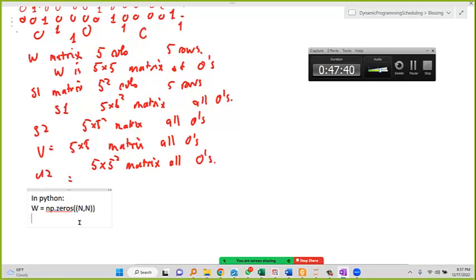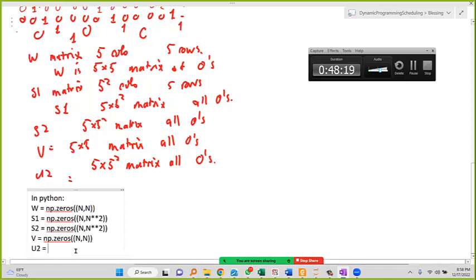S1 equals np.zeros, and it's n by n squared. S2, np.zeros, n by n squared. And then V, np.zeros. Then I have U2 also, n by n, and np.zeros.